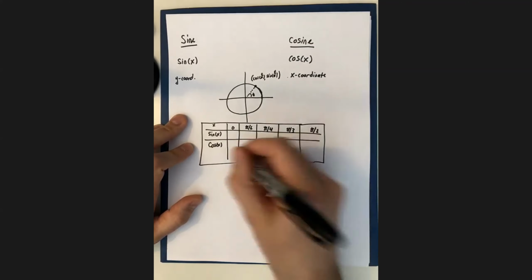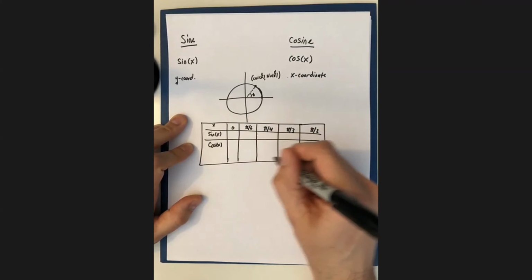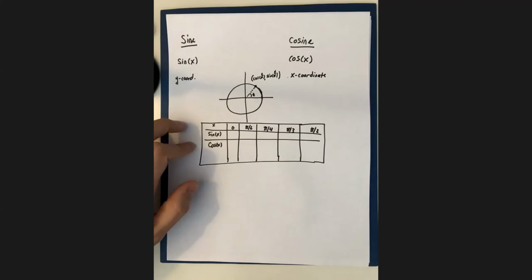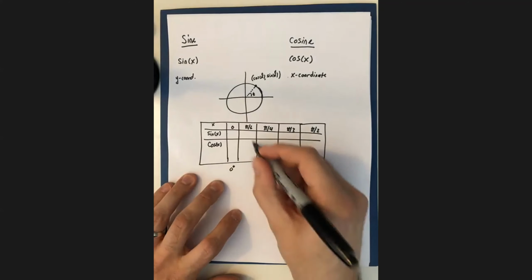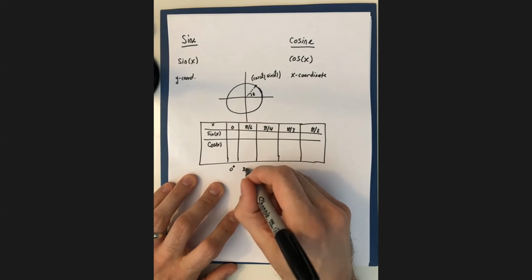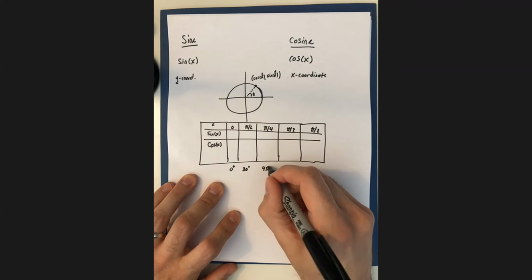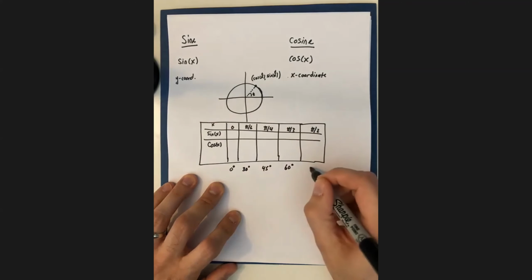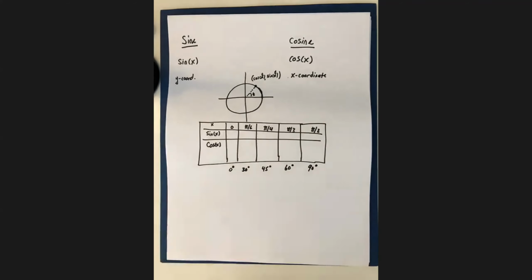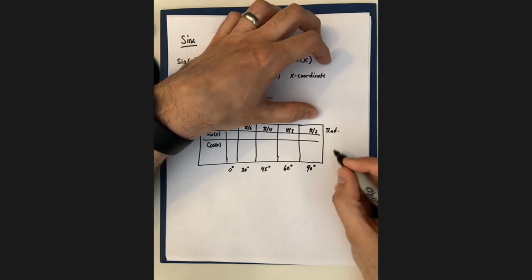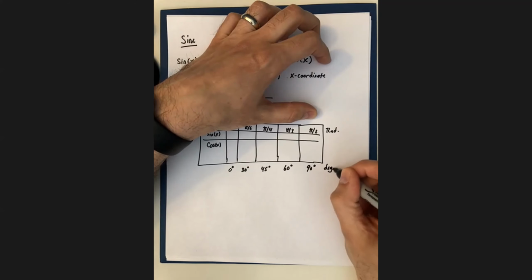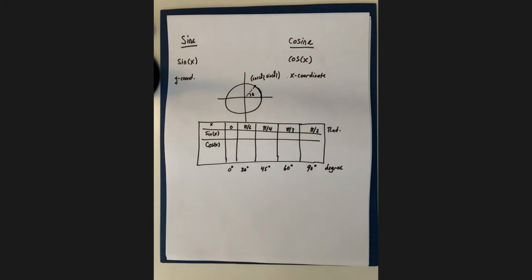These were what we called our reference angles, or our learning angles. They correspond to degree measures: 0 degrees, 30 degrees, 45 degrees, 60 degrees, and all the way out to 90 degrees. Up here we have our radian measures, and these are our degree measures.